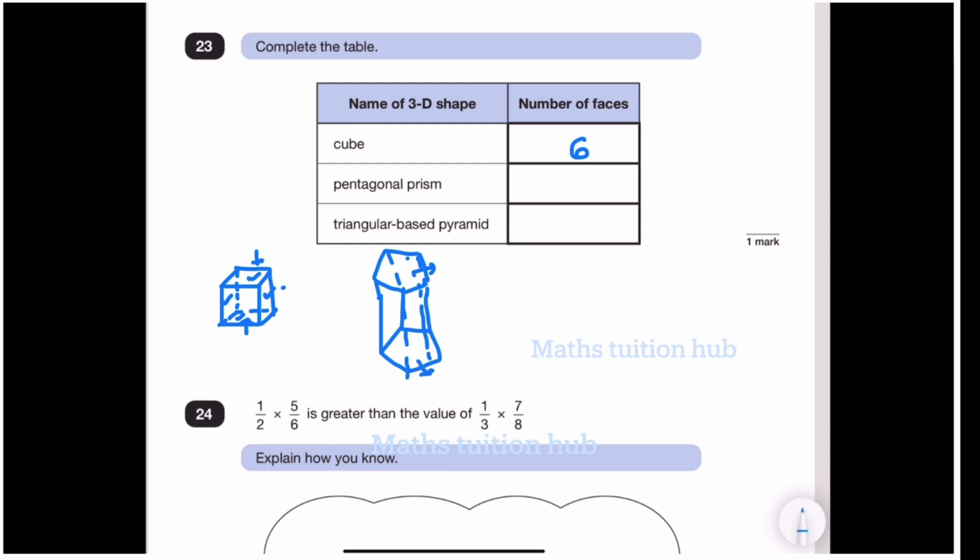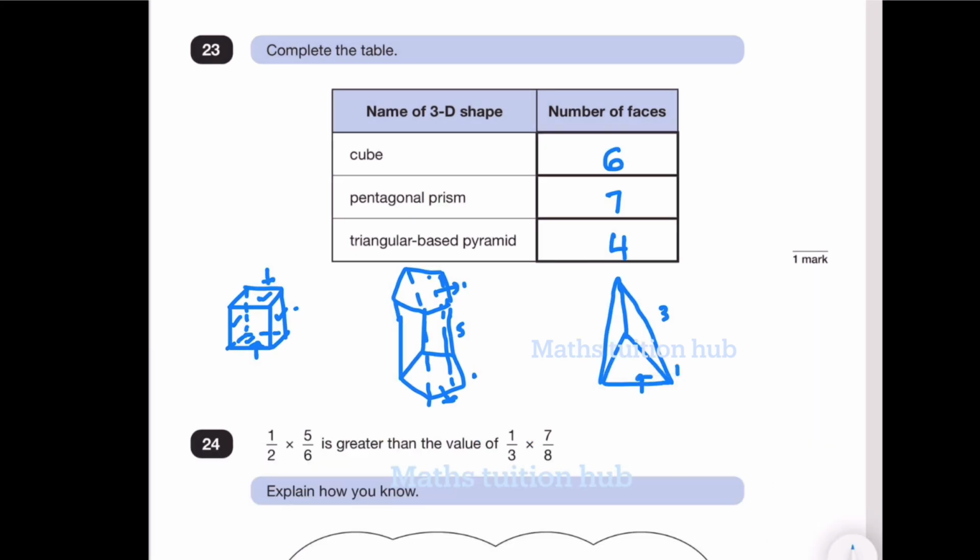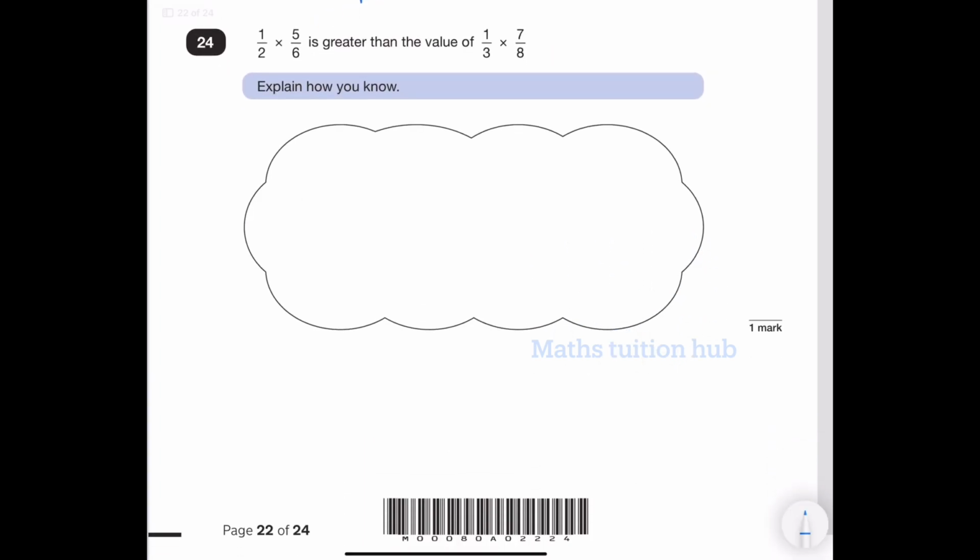Because a pentagon has 5 sides, so you can see 5 faces around the pentagonal prism, and top and bottom, that adds up to 7. Okay, triangular based pyramid. Now triangle and the pyramid vertices, all the vertices join at one point. So 3 of the faces around the shape and then 1 base, so that is 4. So now cube has 6 faces, pentagonal prism has 7 faces, triangular based pyramid has 4 faces.